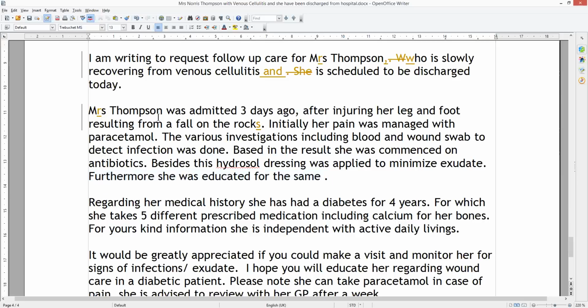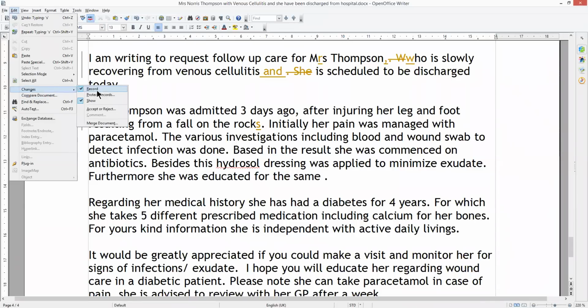So why is this all passive? Well, it's all, you know, she was managed, her pain was managed, was done, she was commenced, she was educated, it was applied. That's like what, 5 or 6 uses of passive in a single paragraph. Okay, so I would move this, right. You can see I'm gonna have to rework this.